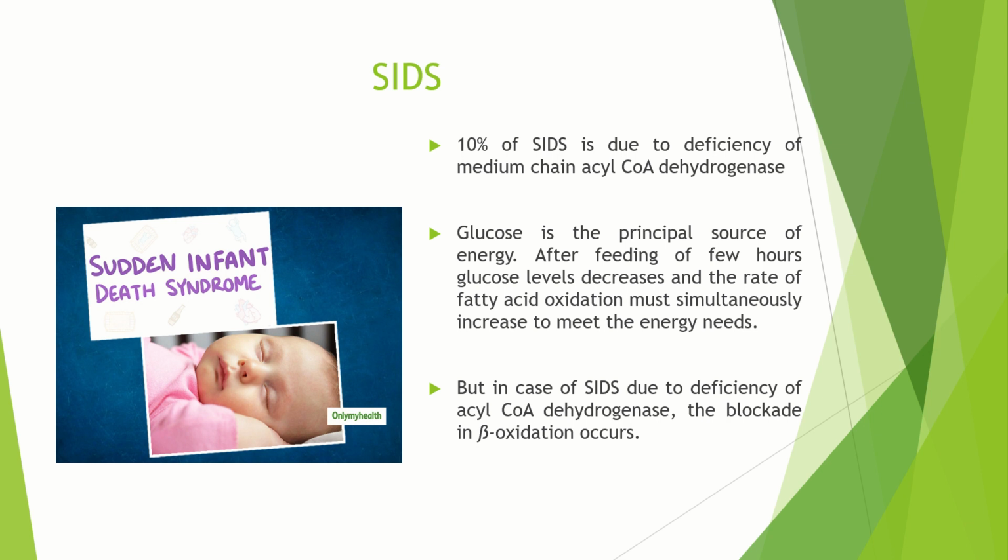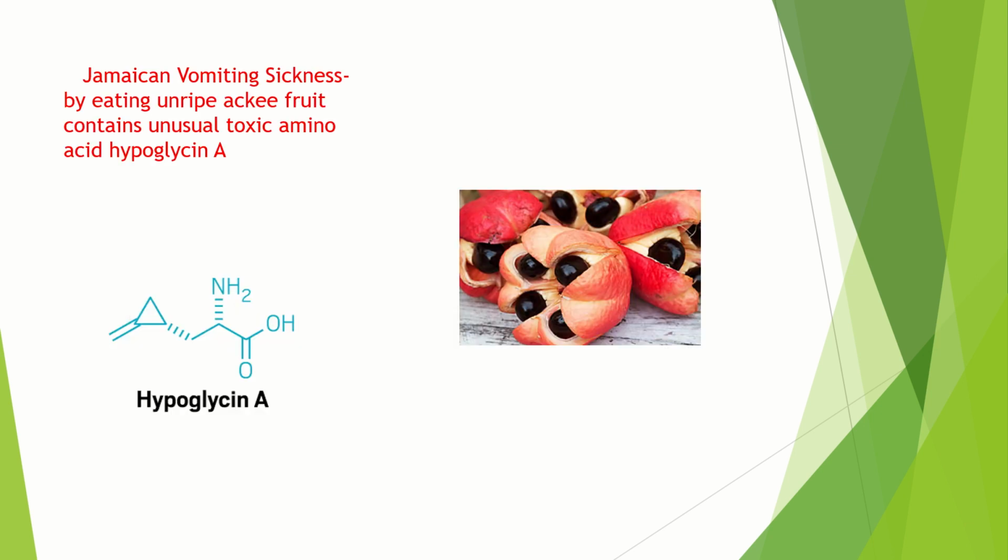When glucose utilization decreases, the rate of fatty acid oxidation must simultaneously increase to meet the energy demand. But in SIDS, due to the deficiency of acyl CoA dehydrogenase, a blockade in beta oxidation occurs. Suddenly death may happen to the infants.